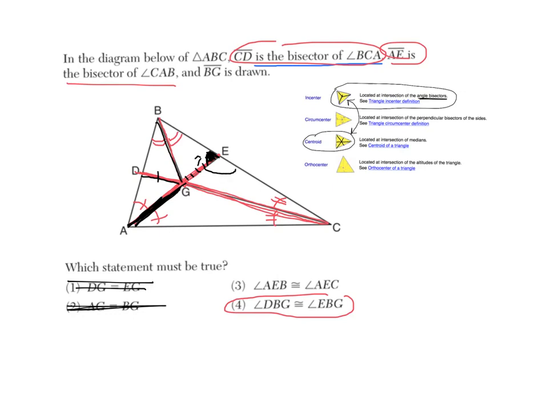The dark angle is an acute angle, and the white angle here with the dots is obtuse, so those can't be the same. So here's a question that you can get right if you just study the picture and find out which ones look right and which ones don't look right. So use the choices to your advantage, and that's a very good skill to have on these multiple choice sections.